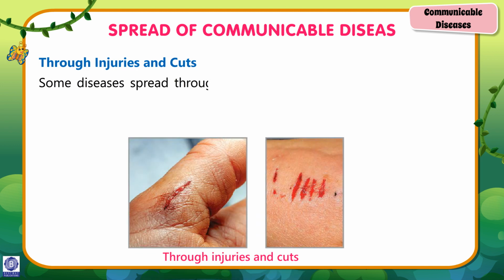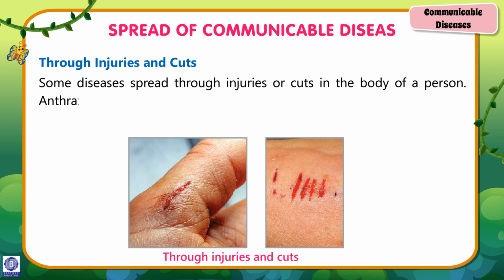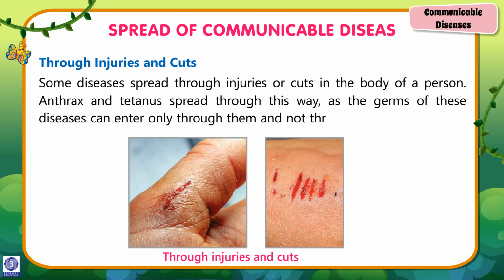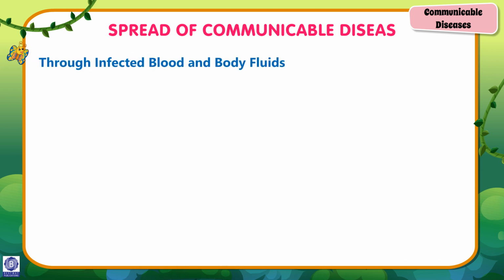Through injuries and cuts. Some diseases spread through injuries or cuts in the body of a person. Anthrax and tetanus spread in this way, as the germs of these diseases can enter only through them and not through the healthy skin of a person. Through infected blood and body fluids.